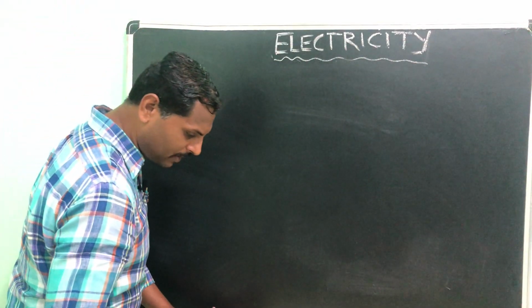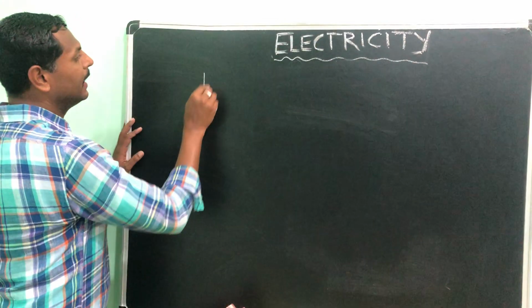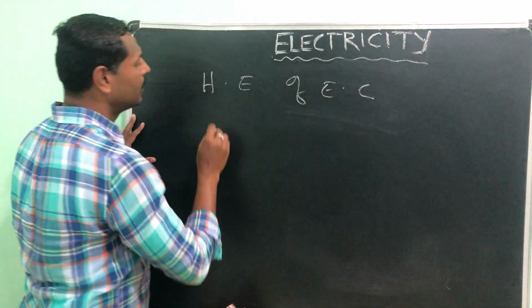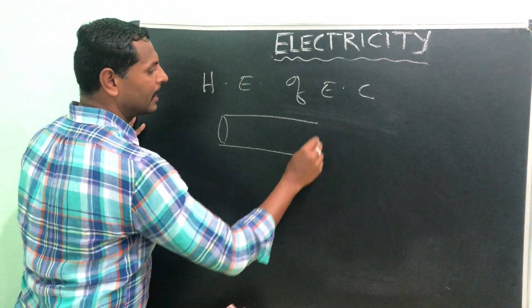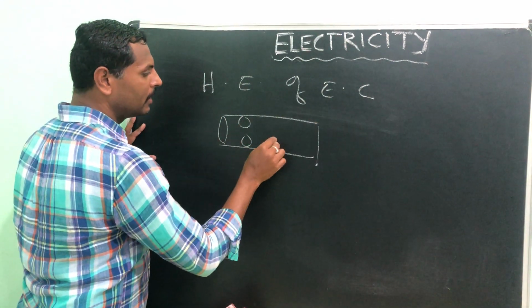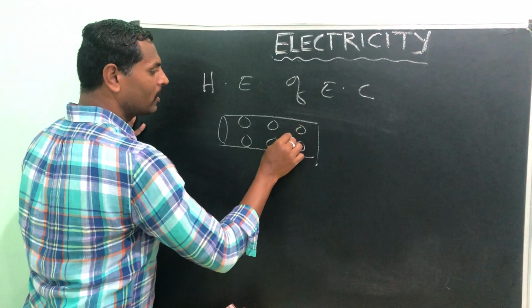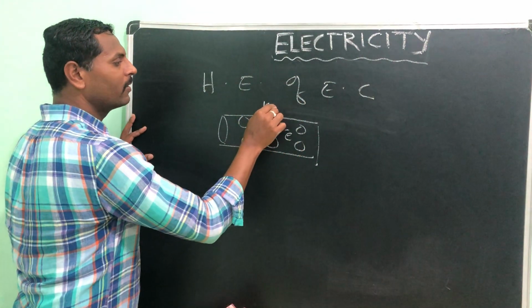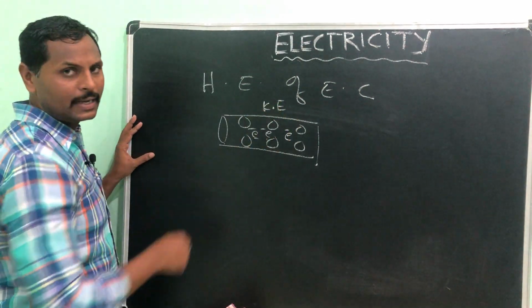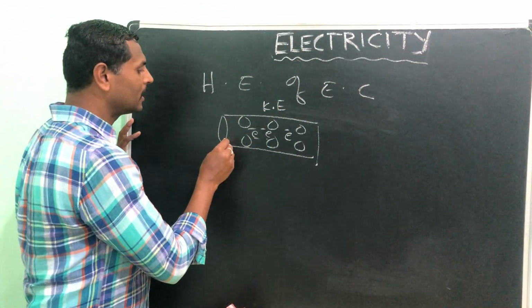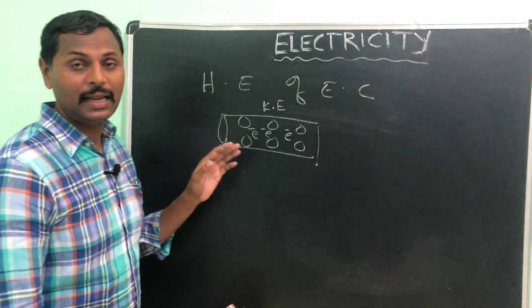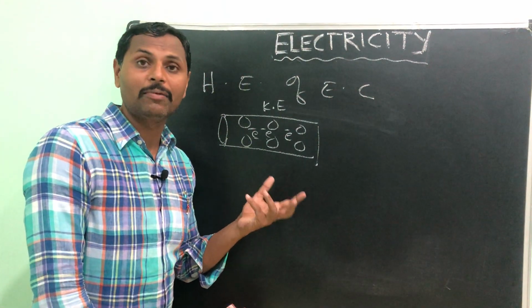What is that heating effect of electric current? Here electric current is going on. What is going on? Electrons are moving. Okay. So, electrons are having which energy? Kinetic energy. Okay. You know the law of conservation of energy. Energy cannot be created nor destroyed.